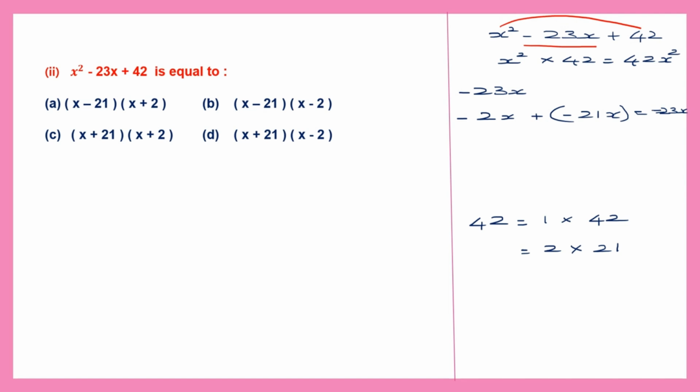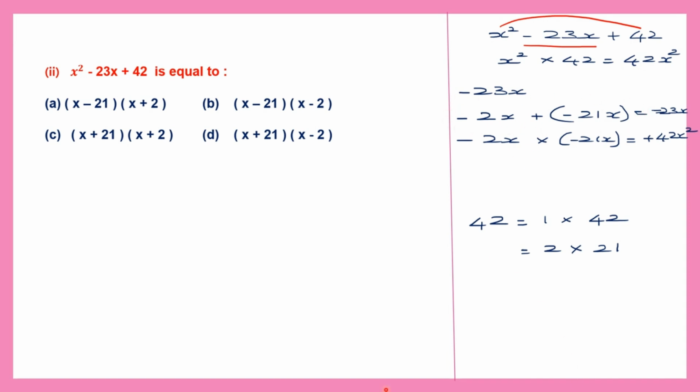So we've got minus 23x. Now if I multiply these two, minus 2x into minus 21x, what will I get? Minus into minus is plus. 2 into 21 is 42x square. So did you see? When I add up these two numbers, I get minus 23x. When I multiply those two numbers, I get 42x square. So these are the two numbers.